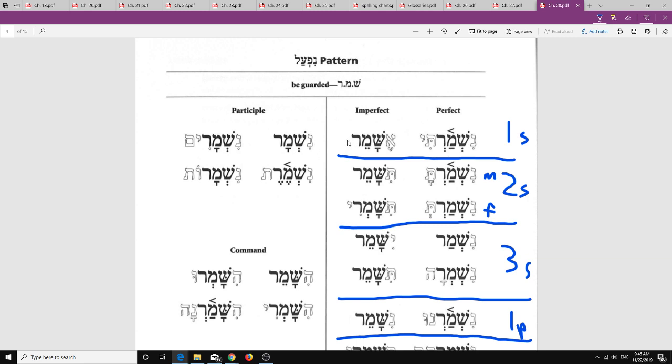So maybe you have ish nishmar, or ha-ish ha-nishmar, the guarded man, or something like that. All of these, remember, will have that same sort of translation value, so I guess I don't need to do that for each of these. So nishmar is the masculine singular, nishmeret, feminine singular, nishmarim, masculine plural, nishmarot, feminine plural.